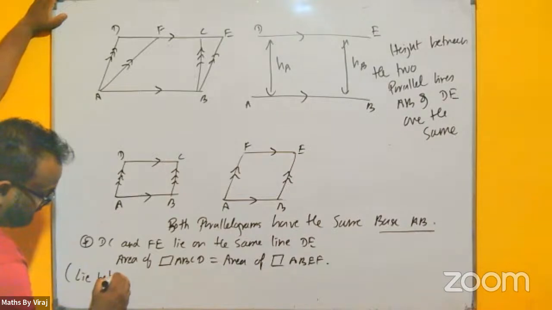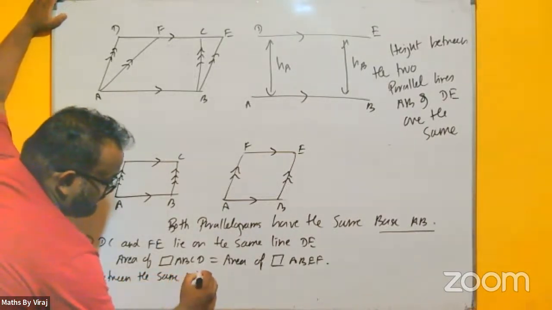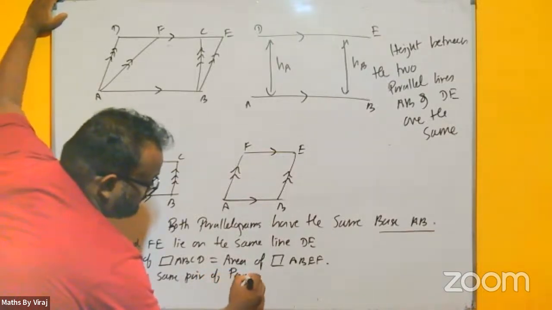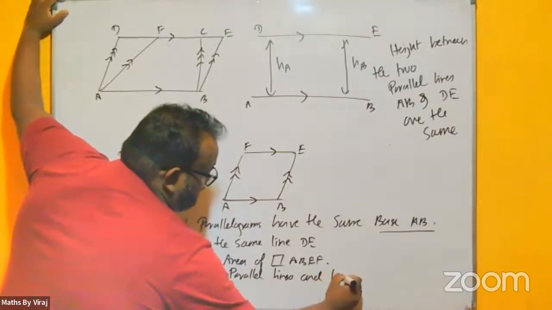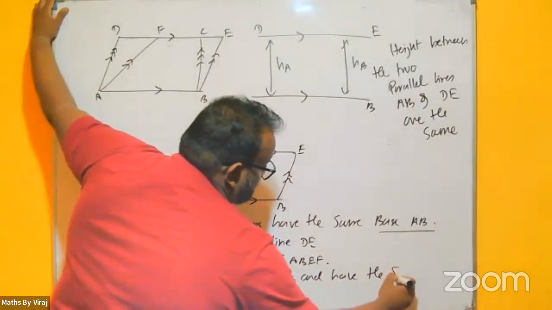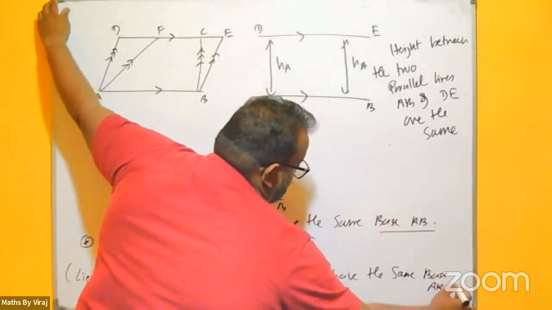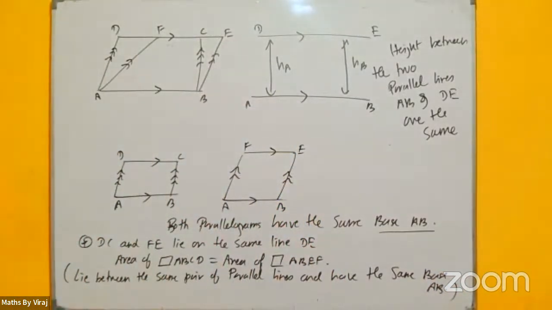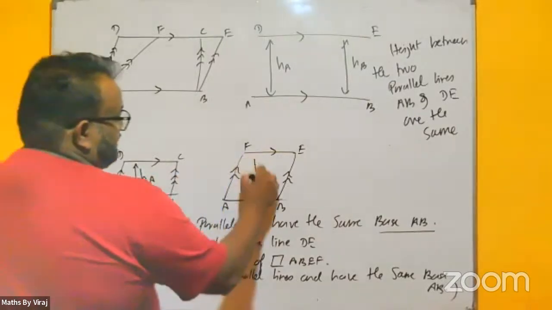They lie between the same pair of parallel lines and have the same base AB. Lie between the same set of parallel lines, the height is the same.